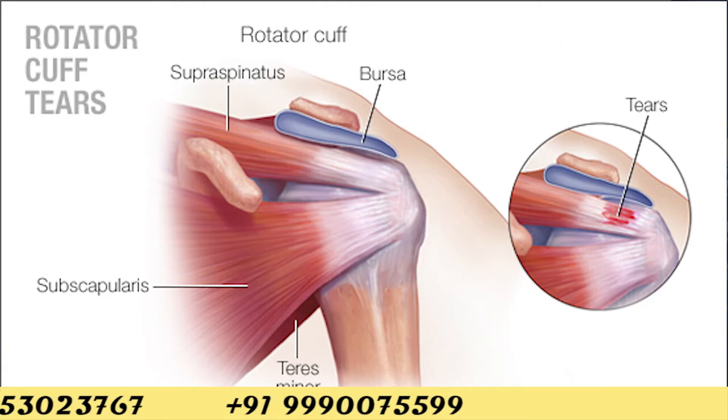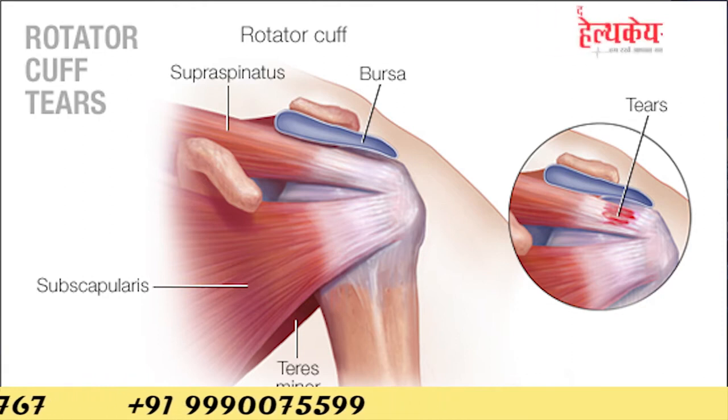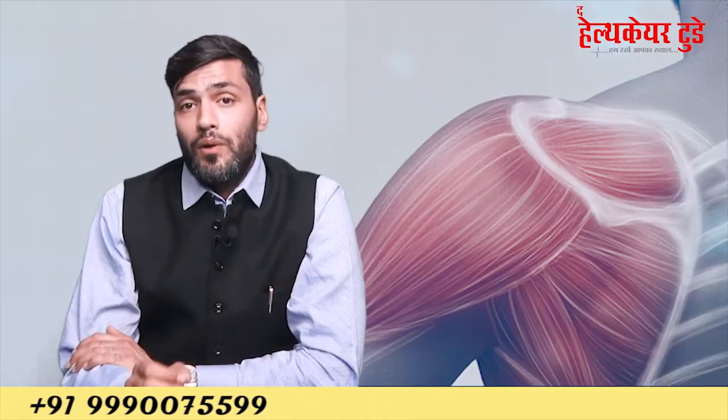In the complete tear, he is unable to lift his hand. But if somebody tries to lift his hand passively, or if he does it with his other hand like this, he is able to lift the hand. This means that the patient has only rotator cuff injury and there is no frozen shoulder component.